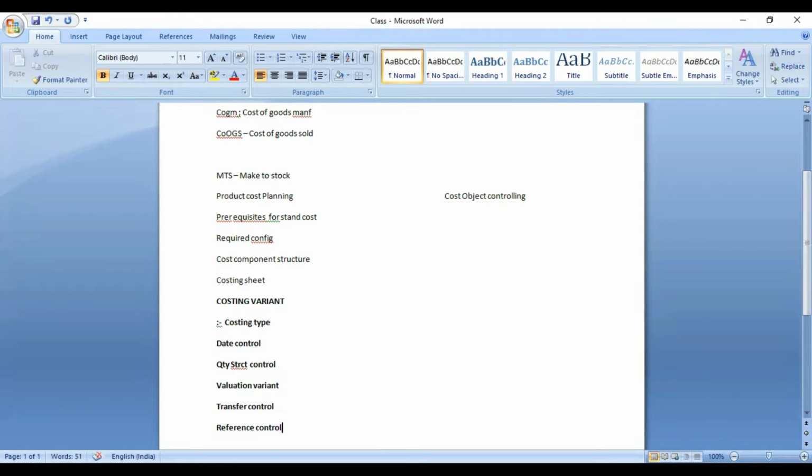With all these controls, we can control the cost.